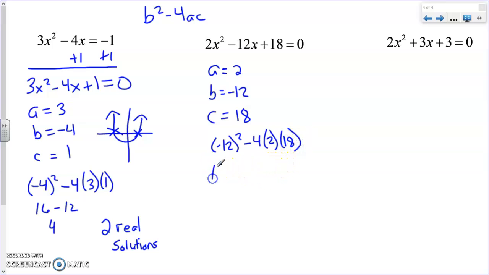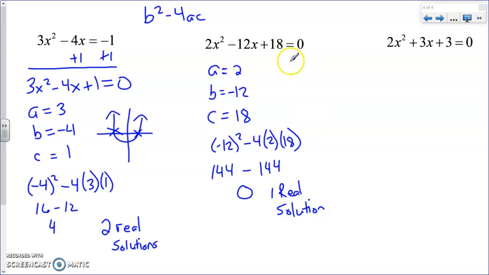So -12 squared is 144, and 4 times 2 is 8 times 18 is positive 144. 144 minus 144 is 0. So this one equals 0. The discriminant equals 0. So I know I have 1 real solution.